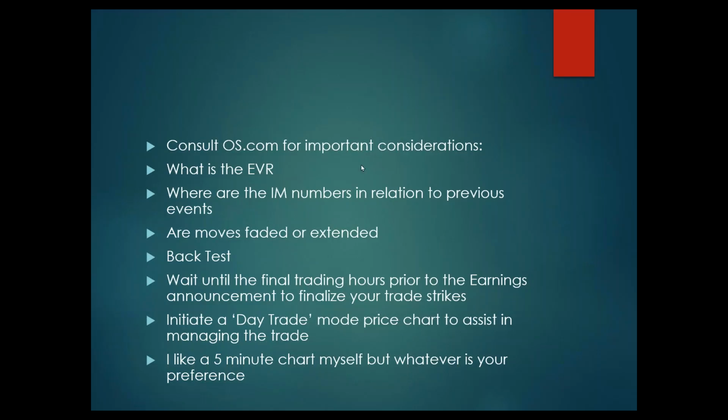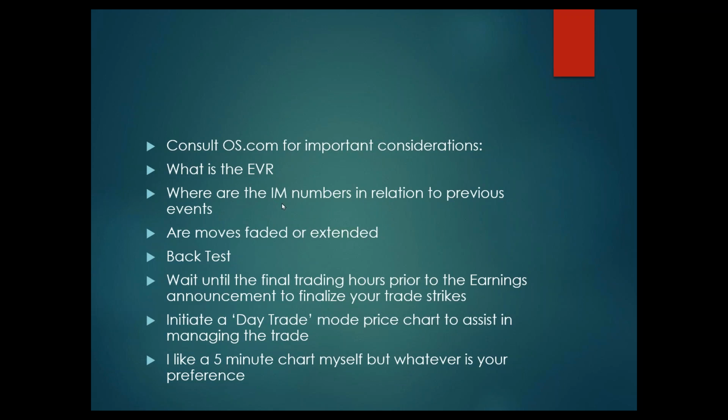Some reminders to assess these considerations and keep all these things in mind. Here's some tips on what traders should do. Consult Option Slam for important considerations such as what is the EVR, where are the implied move numbers in relation to previous events.